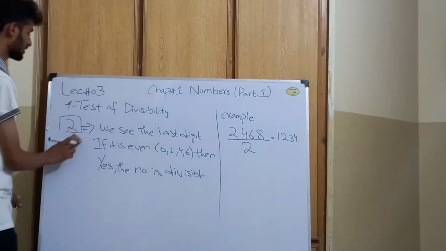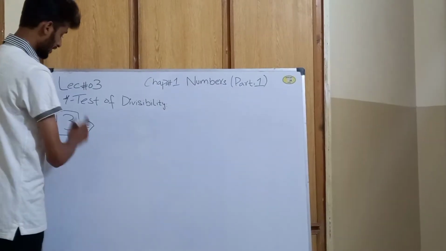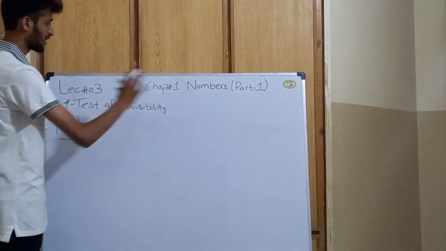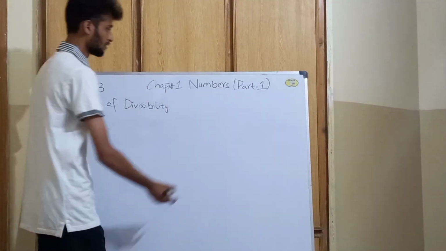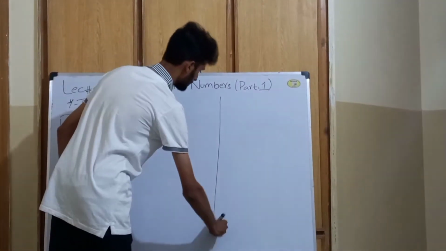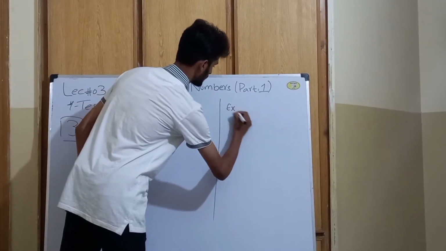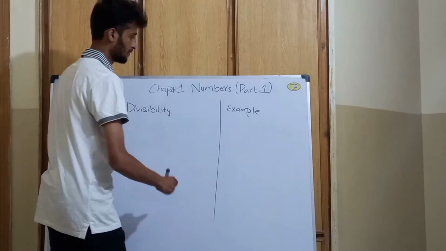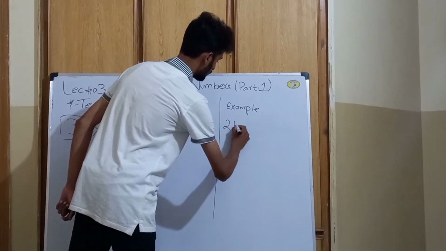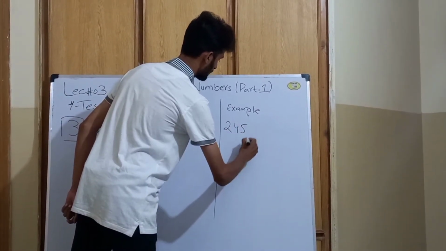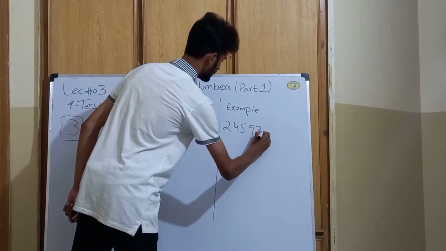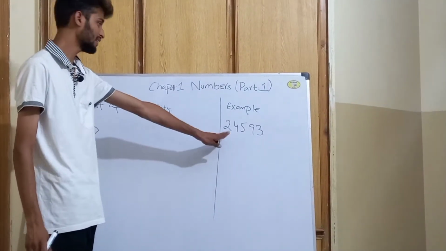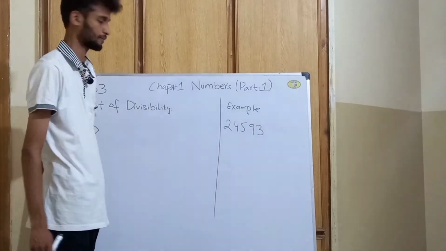Now we see the test for 3. In case of 3, we add all the digits of a given number. For example, we have a number 2, 4, 5, 9, 3, and we are required to check whether it is divisible by 3 or not.